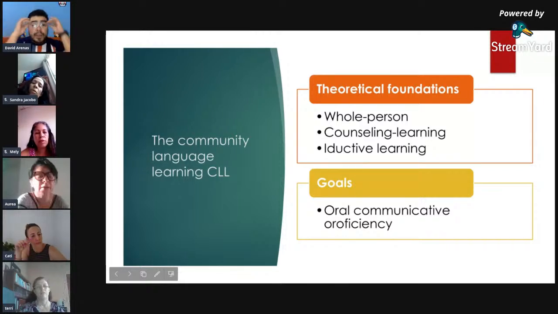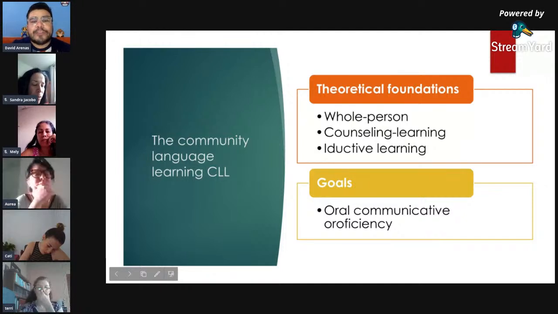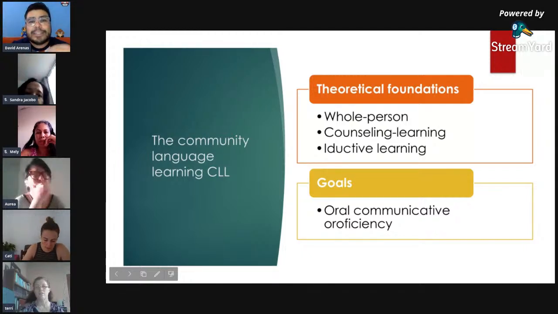All right. Well, first of all, the community language learning, also known as CLL, was this method that came to fulfill the requirements for a specific period of time. In the years this method was being designed, classrooms were even more crowded than before.